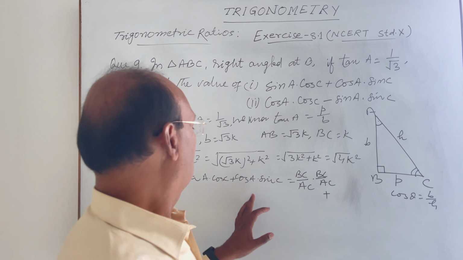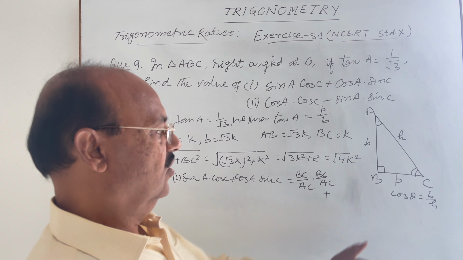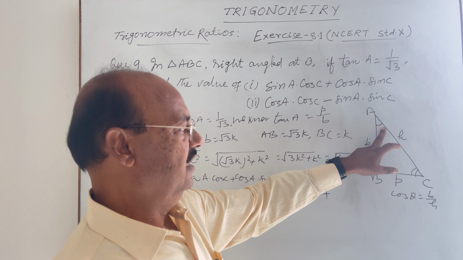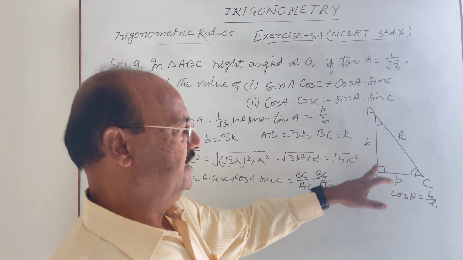Plus cos A into sin C. Cos is B by H, but with respect to this angle A, this is base.